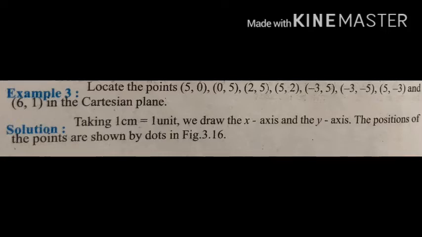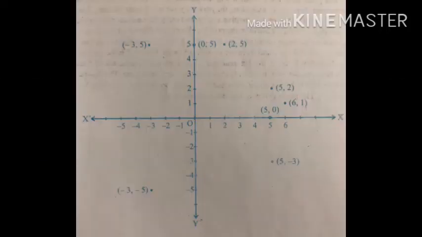Now in the above example, you see (5, 0) and (0, 5) are not at the same position. Similarly, (2, 5) and (5, 2) are at different positions. Also, (-3, 5) and (5, -3) are at different positions. By taking several such examples, you find that if x is not equal to y, then the position of (x, y) in the Cartesian plane is different from the position of (y, x).